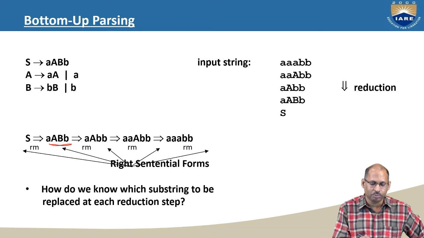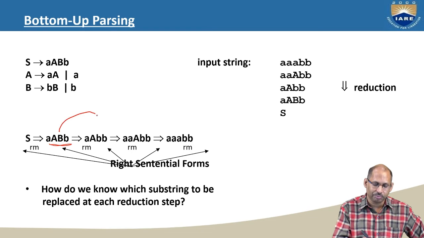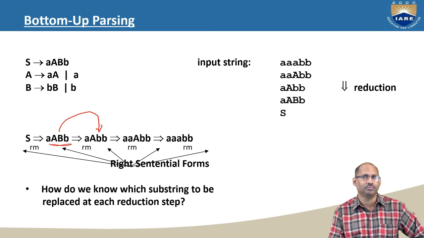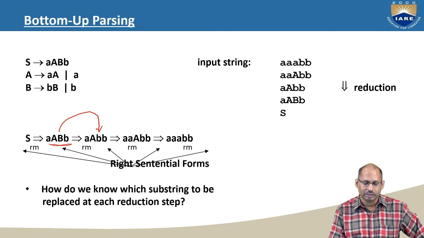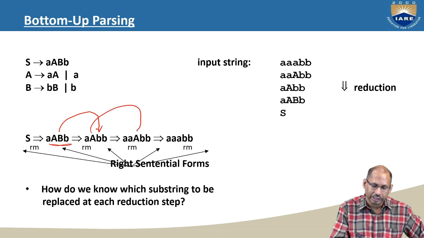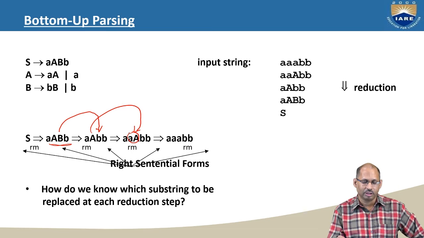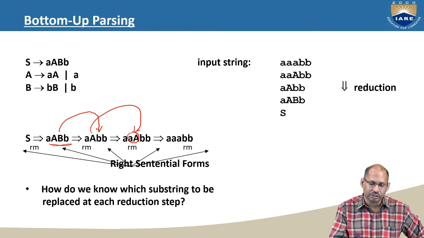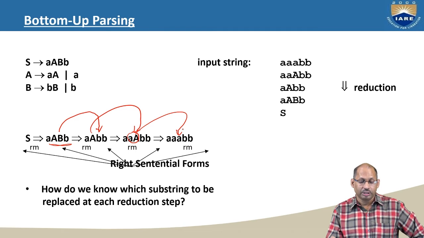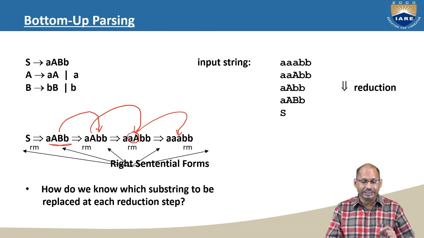Then the rightmost B gives b. Then the rightmost A gives AA. Then finally the rightmost A gives a. So this is the right sentential form.